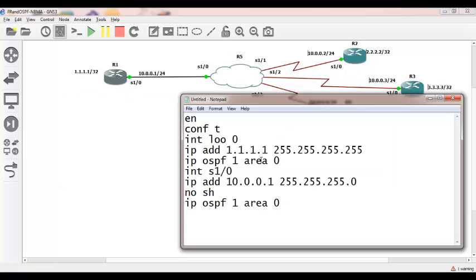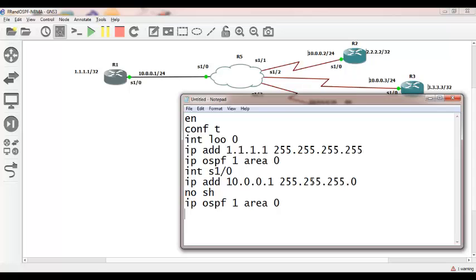The DCE part of the wire should be on the frame relay switch. So what I'm going to say here on the edge device, clock rate 64000. This is the speed at which the packet should be sent and received. You do it on the DCE side only. If you consider router 1 as a DCE, then you should put the clock rate here.